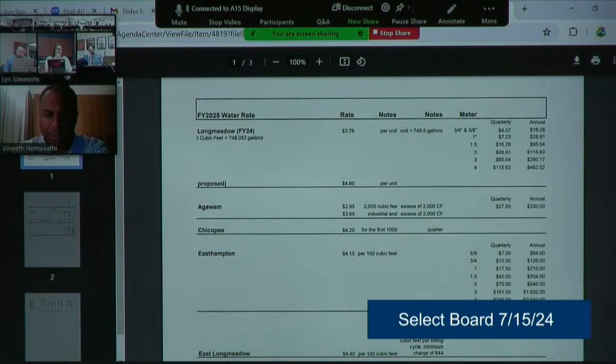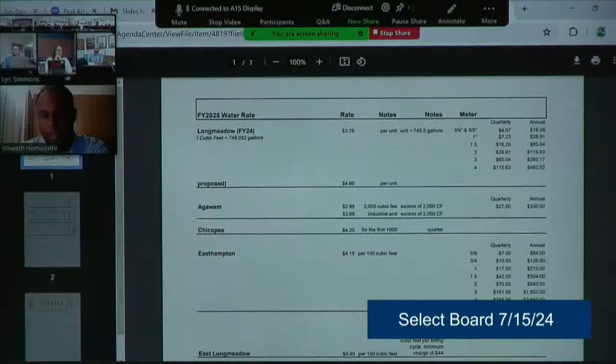I think you also mentioned that there is a practice in other towns with their fixed meter rates where they give discounts to senior citizens and low-income households. Is that correct? Yes. Okay. So that's also something we can think about.